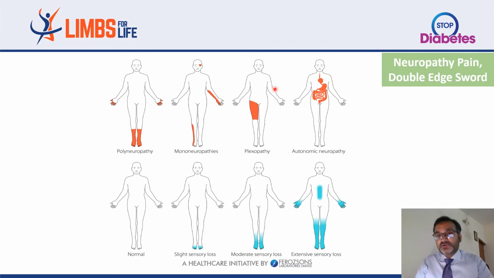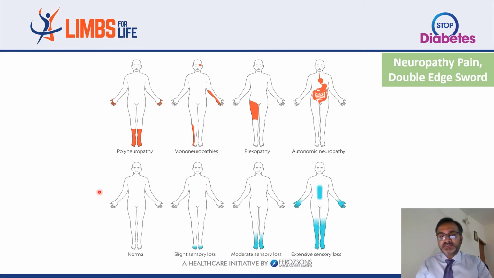So autonomic neuropathy can involve the autonomic nervous system: GIT, BP, blood pressure, temperature control, digestion, sexual functions, bladder functions, all can be disturbed because of autonomic neuropathy.